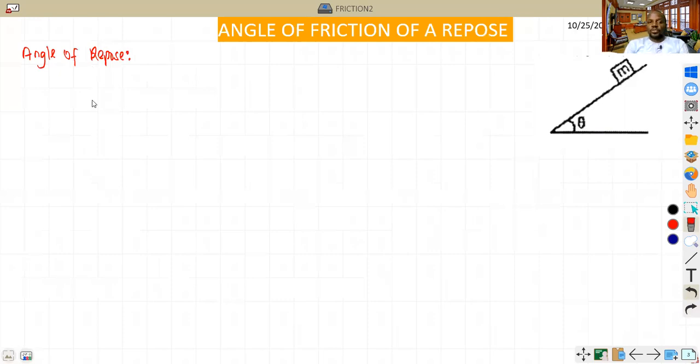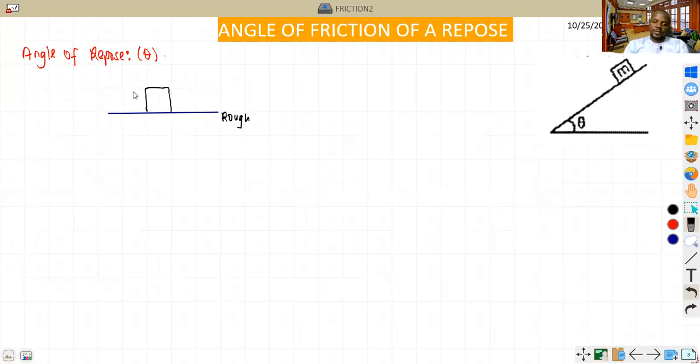Now, angle of repose, which is also taken as theta, in this case, I will draw. I have a ground. On top of the ground, I have a body. From what we have just talked about, this is a rough surface, because if it is not rough, friction will not occur, right?